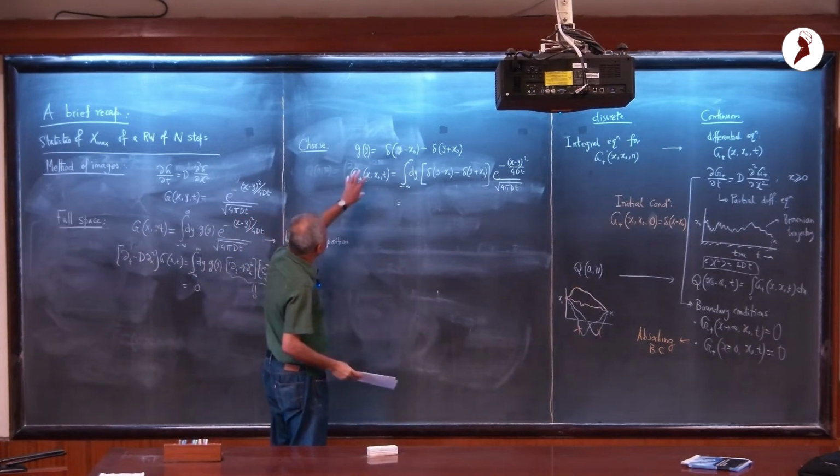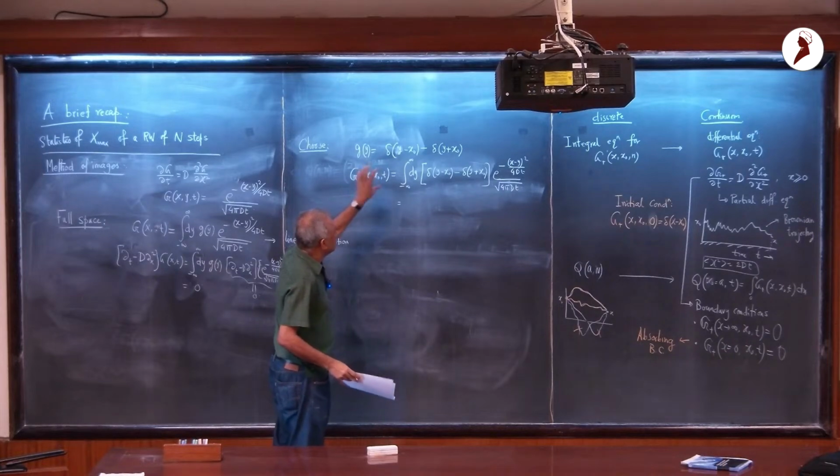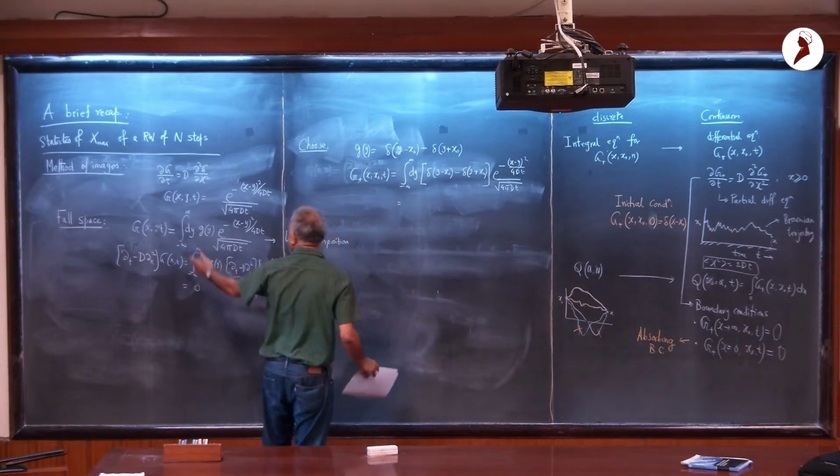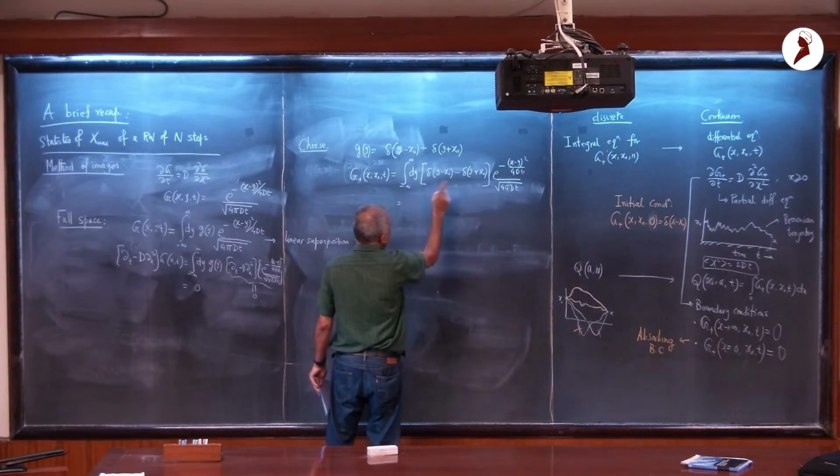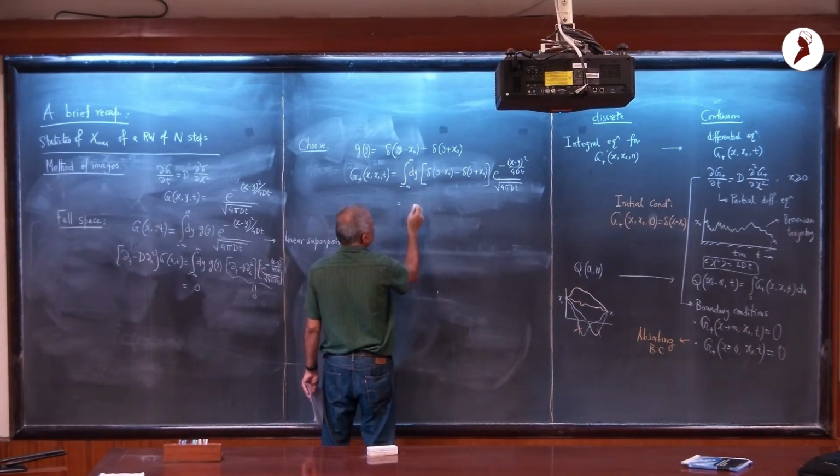Only thing I know is that this guy here is a solution of the differential equation, because we just said this is a general solution, right? Now, if I choose this, and I'll discuss in a minute why it is called method of images.